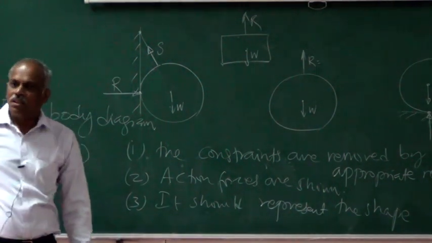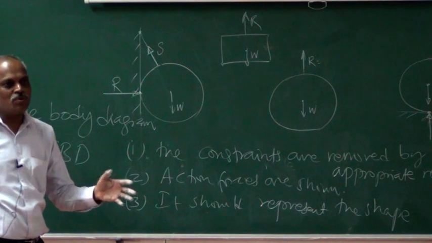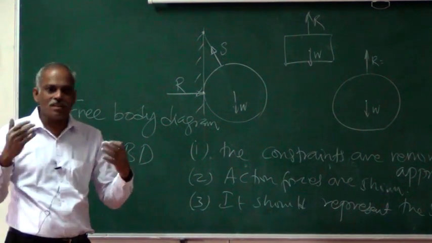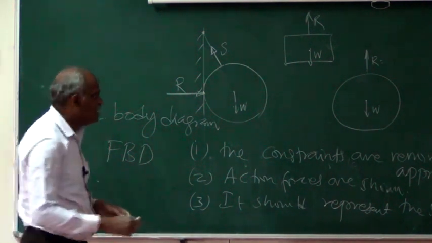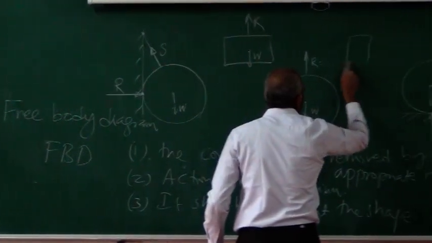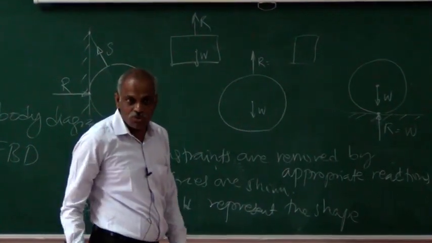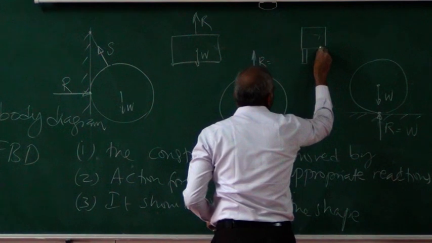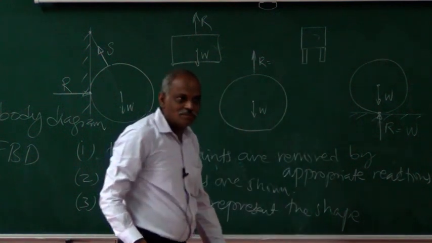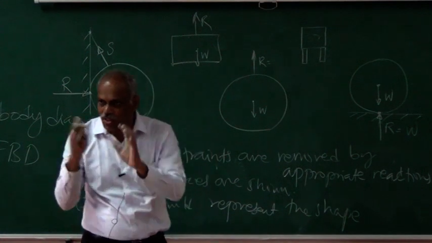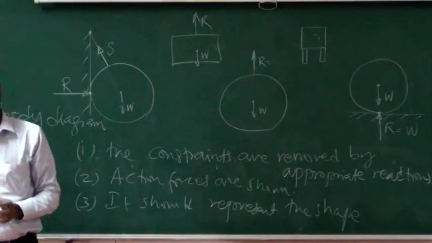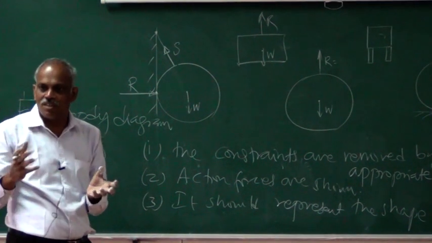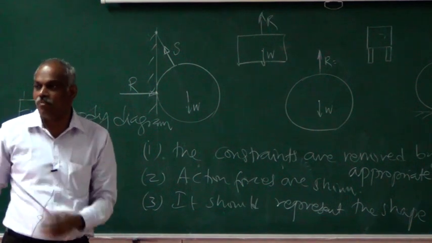For example, in senior classes, if I ask them to draw the free body diagram of a chair, considering it as a two-dimensional object, they will just draw something arbitrary and say consider this as a chair. No, it should represent the shape. At least you should show that looking from one side it has two legs. Don't draw an arbitrary shape and call it a free body diagram.